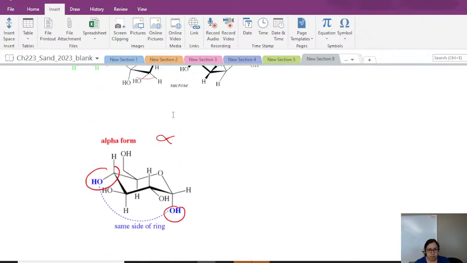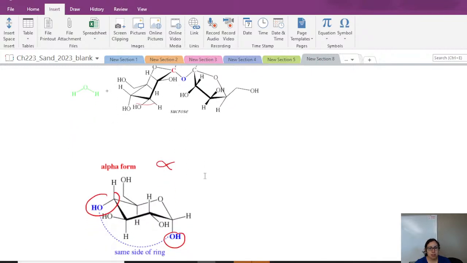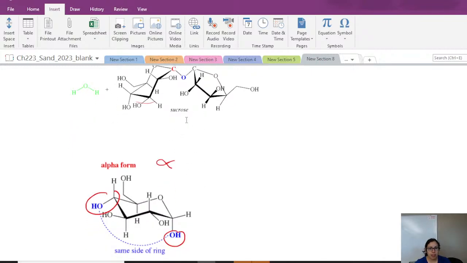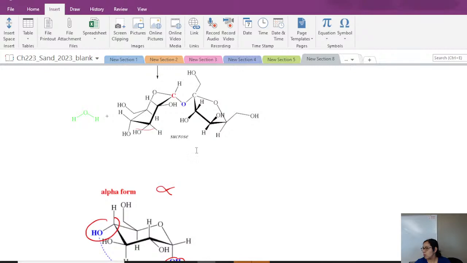A lot of times people use this terminology when linking them up, determining whether it's an alpha or beta connection, and again that's just what direction. This one, they're both down, so this would be an alpha connection here.